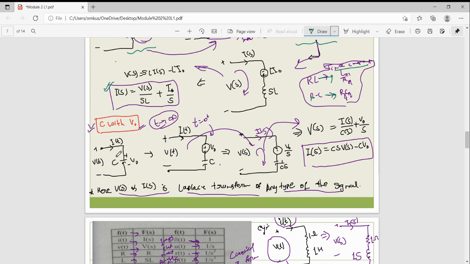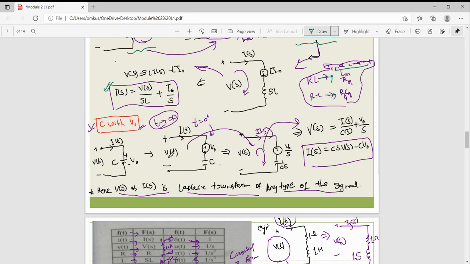Okay, so for this circuit, V naught is the initial voltage, or predetermined voltage across C when the circuit is excited. So there is some voltage developed across this C. This voltage is nothing but your pre-decided voltage.